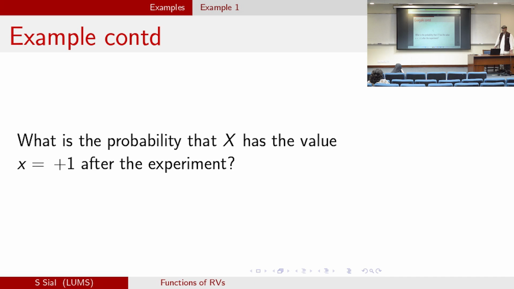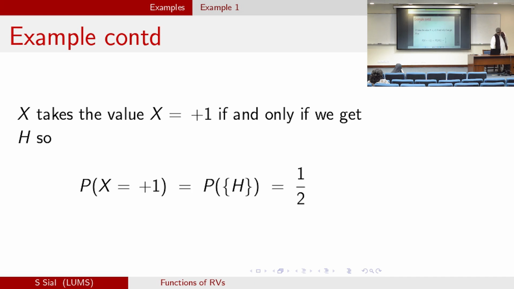Let's say it's a fair coin, 1/2, right? Or -1, 1/2, right? Okay. All right, so how do we work that out?